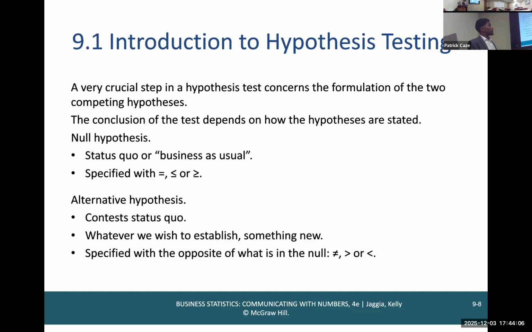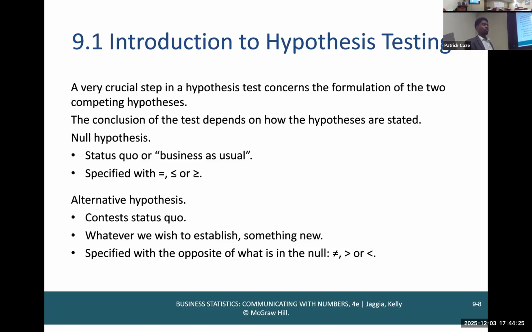So when you talk about the null, a crucial step in the hypothesis test concerns the formulation of two competing hypotheses. We need to have a null and we need to have an alternative. Normally the alternative is just the opposite of the null, but there's a certain way that we need to write it.